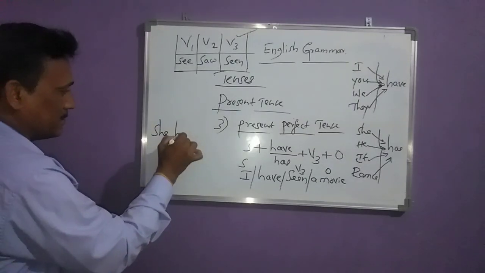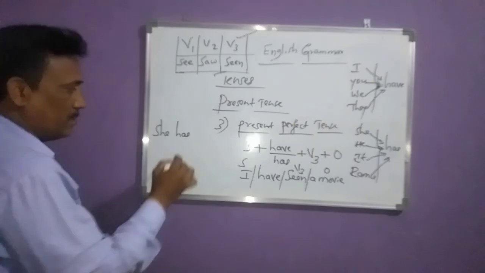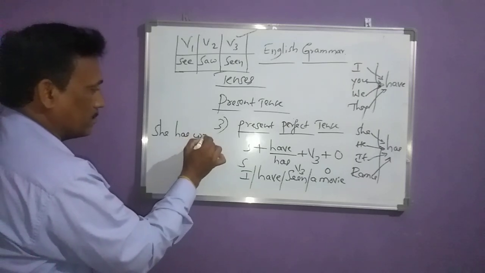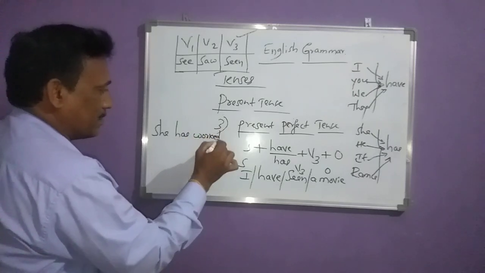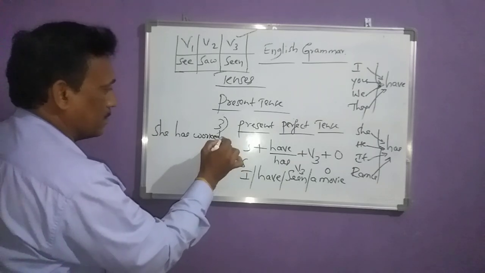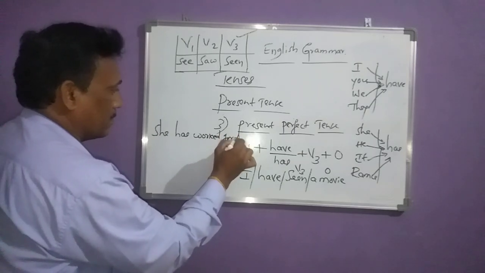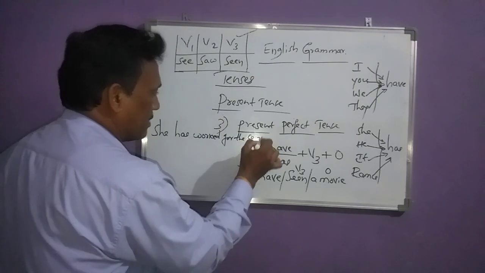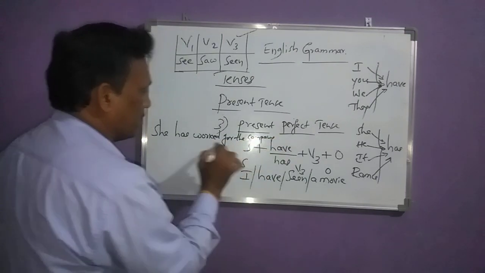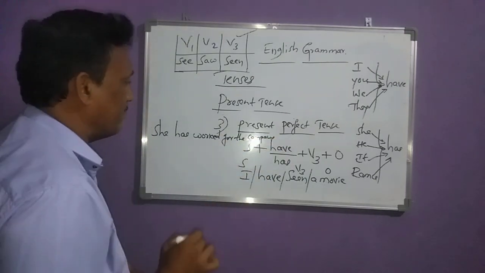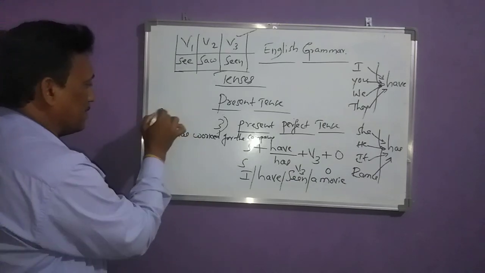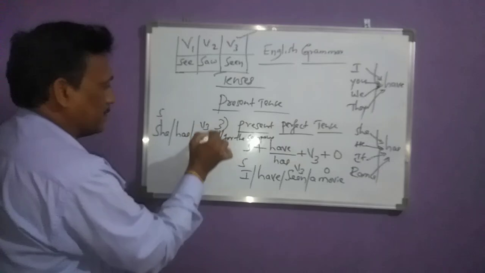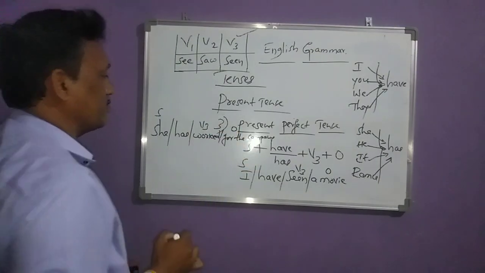Another example: She has worked for the company. She is the subject, has worked is V3, for the company is the object.